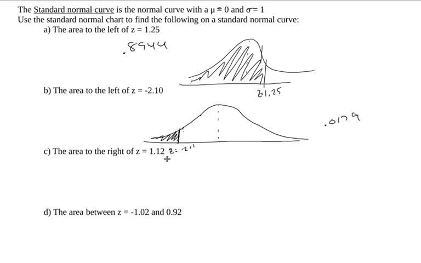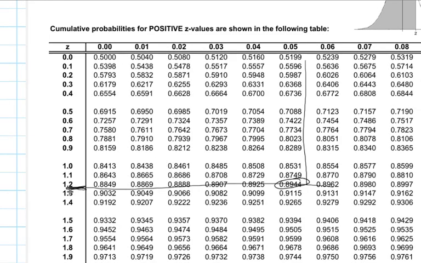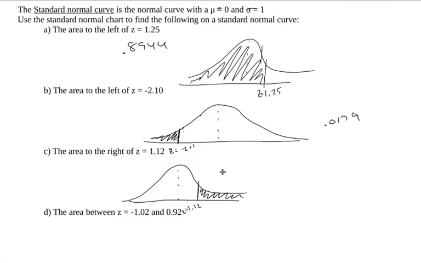All right, find the area to the right of 1.12. I'm just drawing a quick sketch here. 1.12, that's z. If I'm trying to find the area to the right, that's that area there. Well, my chart tells me the area to the left, so I can find the area to the left of z equals 1.12. That's this value right here, 0.8686.